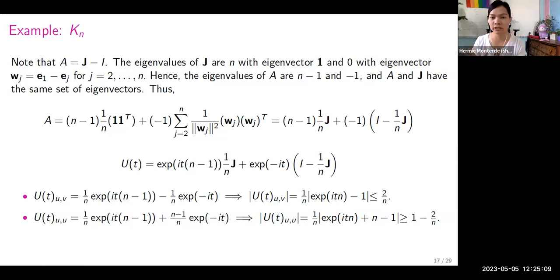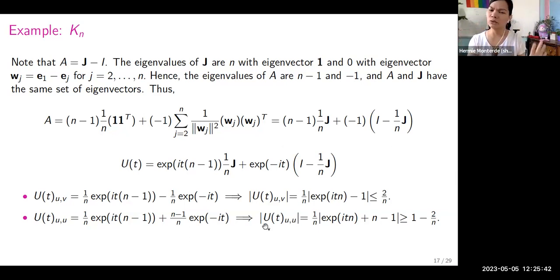Moral of the story, the complete graph has very low probability to travel from a vertex to a distinct vertex. It's very low probability that you can find the quantum state you started with in the other vertex. But as you can see here, the probability from vertex u to itself is bounded below by 1 minus 2 over n. What does that mean? This means this.